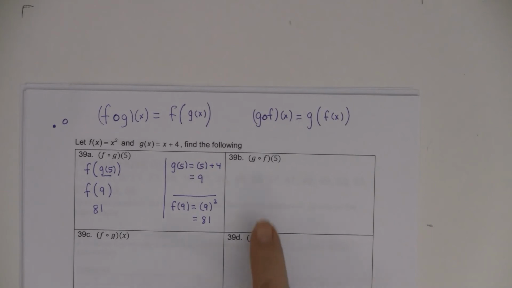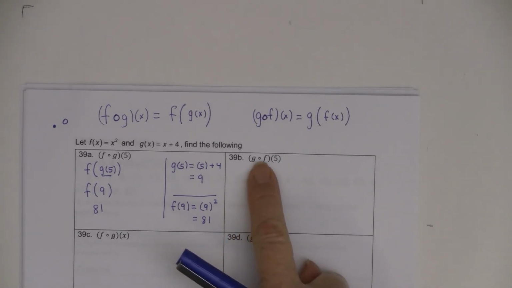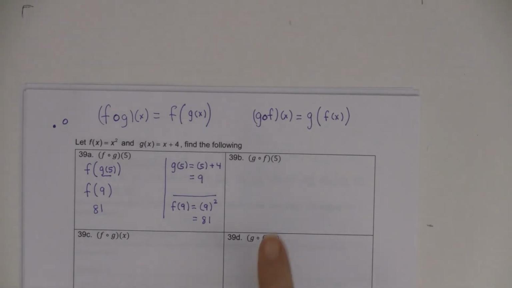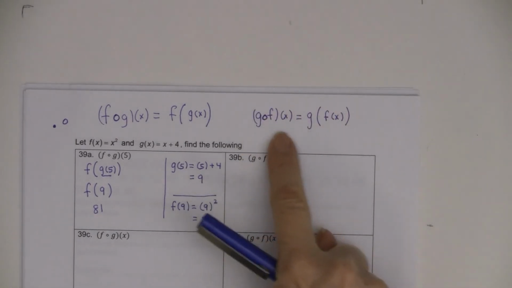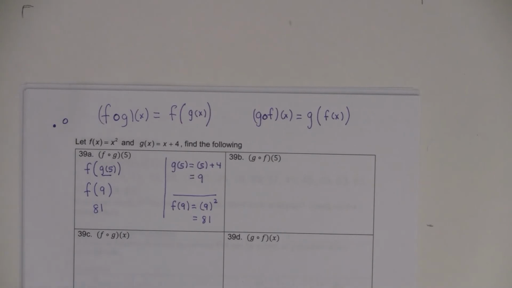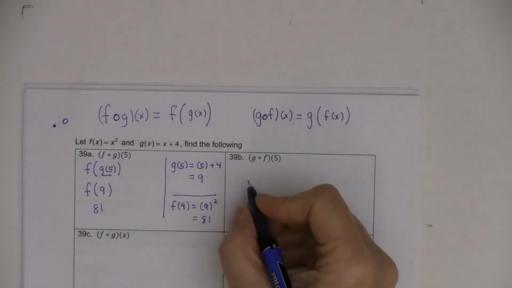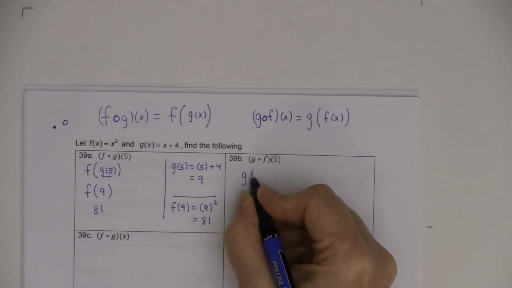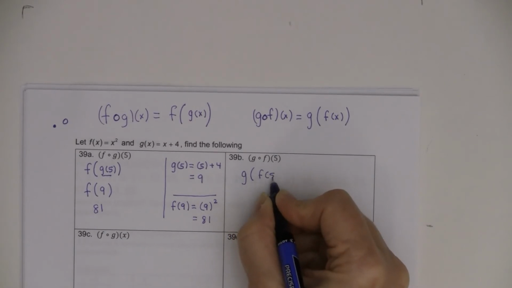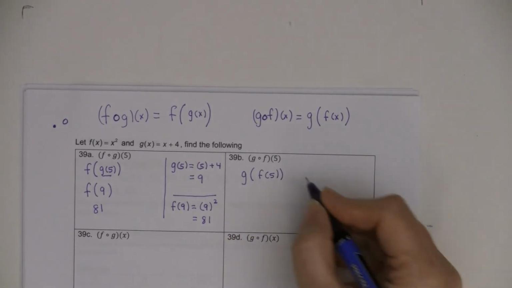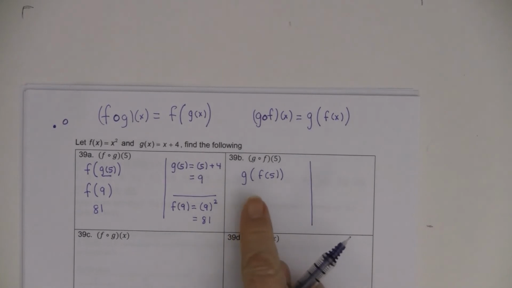Okay, so 39B is G composed with F at 5. And so we're going to write this out. So this is G at F at 5. And typically these are not the same value.